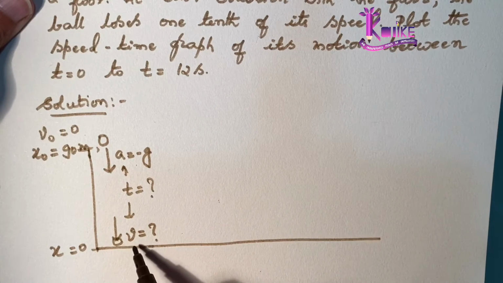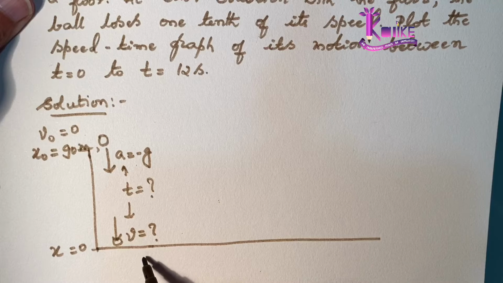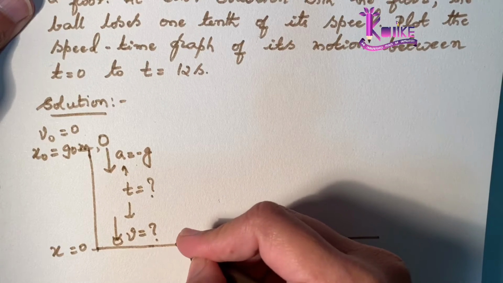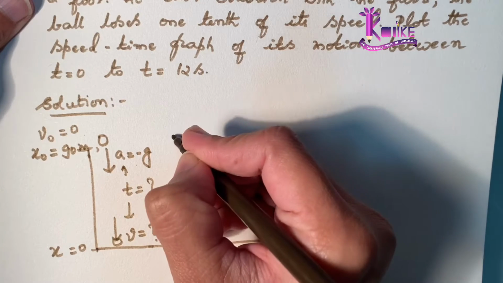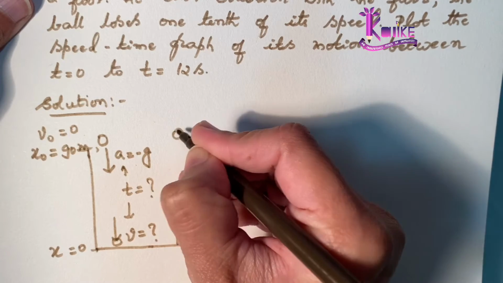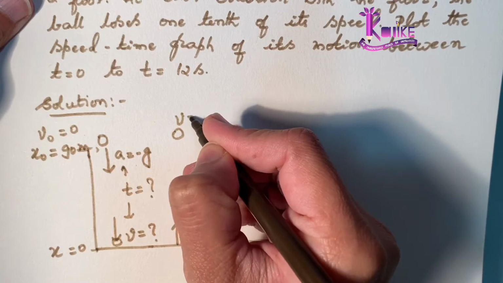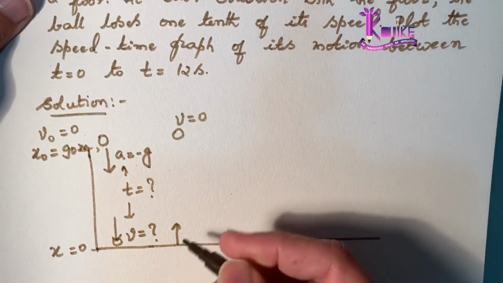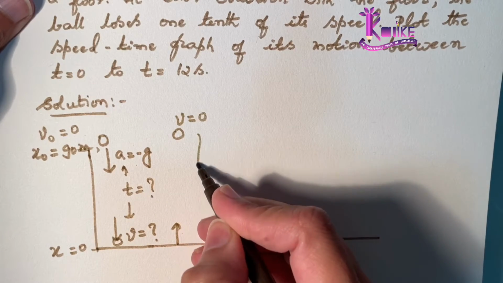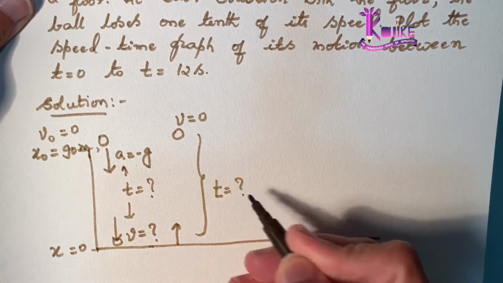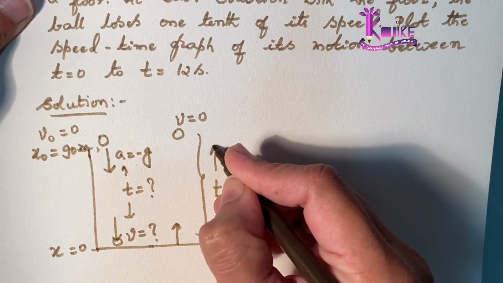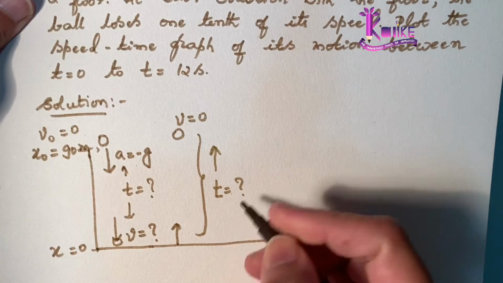So if v is the speed of the ball and we find it out, the next time the ball rebounds from the ground and reaches the maximum height position, at maximum height the velocity of the ball will be 0. Similarly, we also don't know what time it would take to reach there.